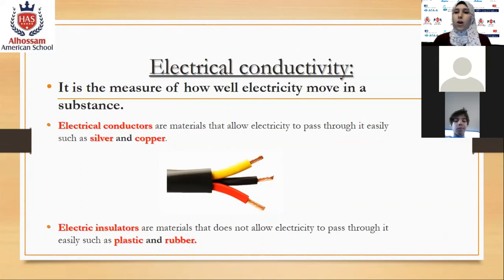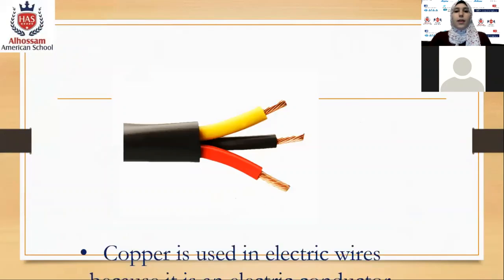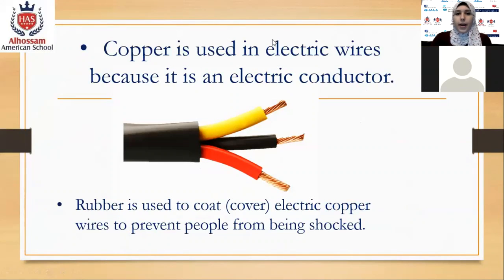Here also, silver and copper are also considered thermal conductors. So silver and copper both act as thermal and electrical conductors. They are conductors in both thermal and electrical. Now, we said that copper is used in electrical wires.